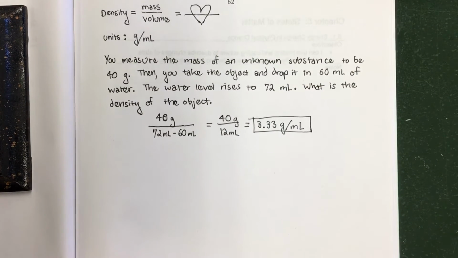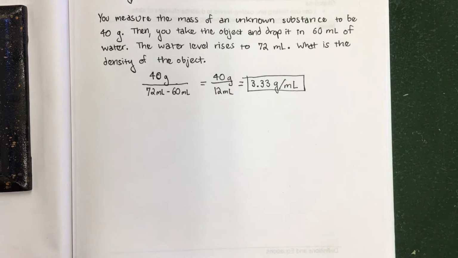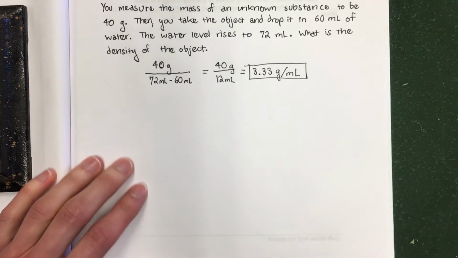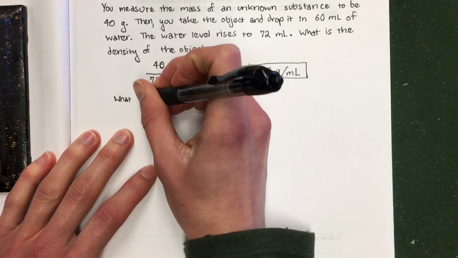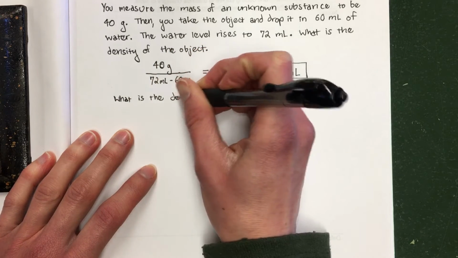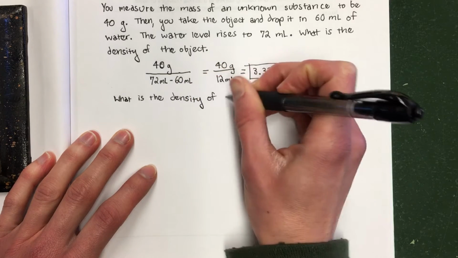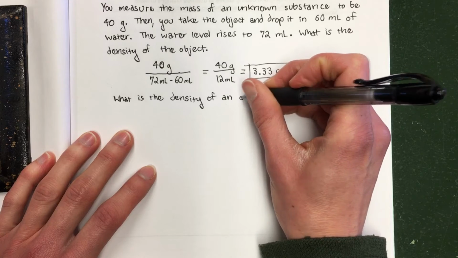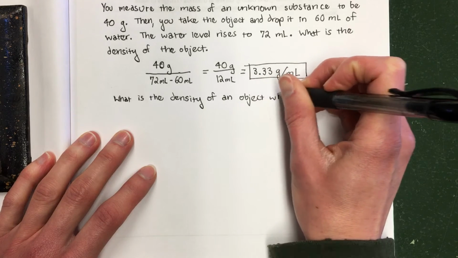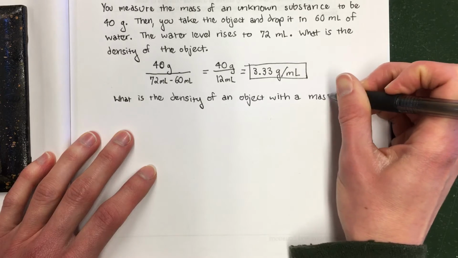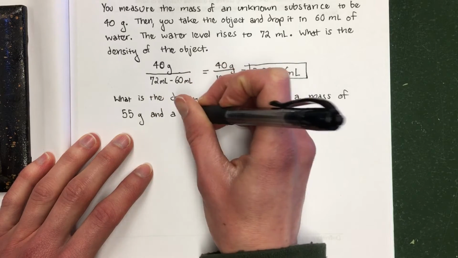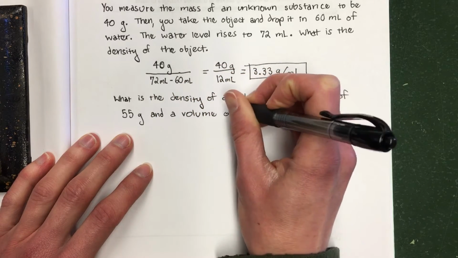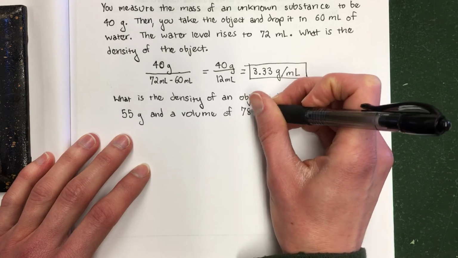All right, so that's what we're going to be doing in a lab later today, is finding the density of objects that way. There are some other kinds of problems you could do with density. One that's slightly easier, if I just say, what is the density of an object with a mass of 55 grams and a volume of 78 milliliters.